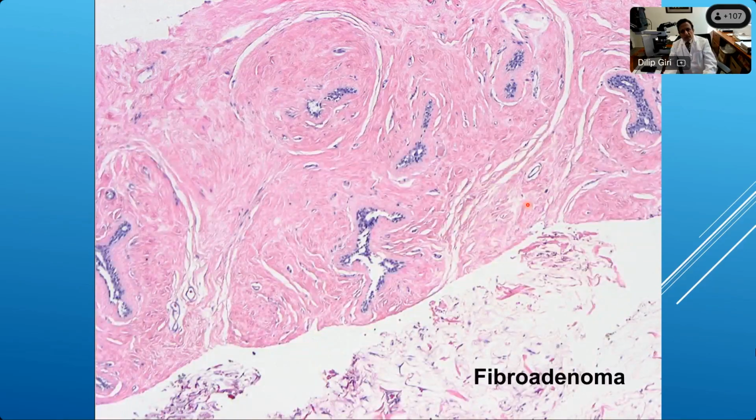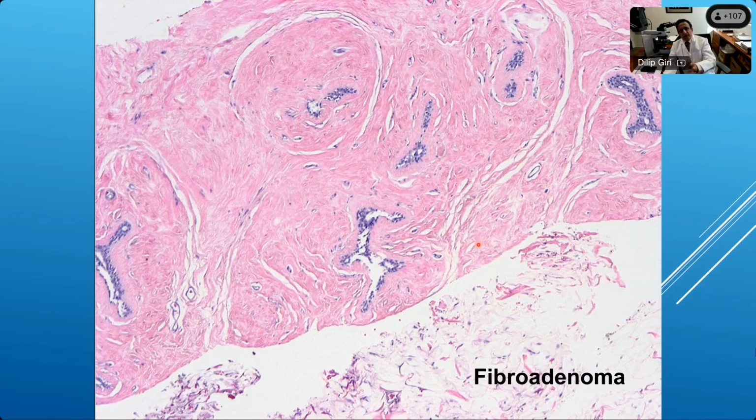So here is a classic example of a fibroadenoma. The stroma is not doing anything, it's hyalinized. So if you see such a picture, and you have looked at the imaging and the other clinical findings, you will confidently make a diagnosis of fibroadenoma. Unfortunately, these days, with so much imaging going on, this kind of picture of a fibroadenoma exists only in our dreams, because the lesions that the radiologists are now targeting are early.